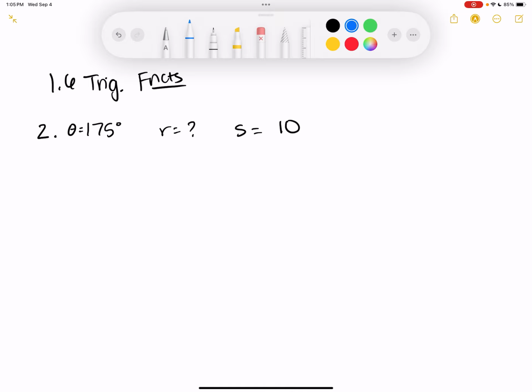So what do I know about finding pieces of arc length? Radians. I need to be in radians, so I need to convert 175 to radians. This comes out to be like 3.05.